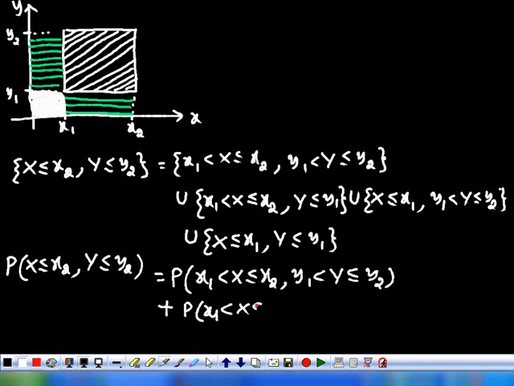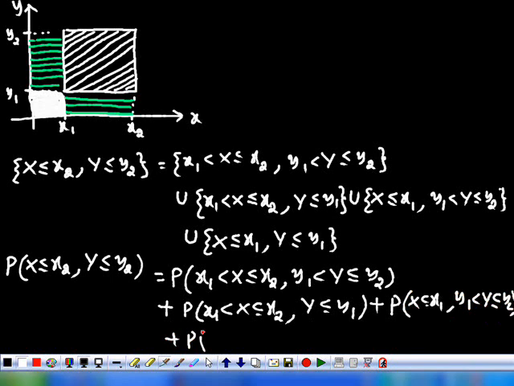You write all those, just take the probability on both sides. We are replacing that union by plus because they are mutually exclusive events. Then probability of A union B can be written as probability of A plus probability of B, plus probability of x less than or equivalent to x1, y less than or equivalent to y1.